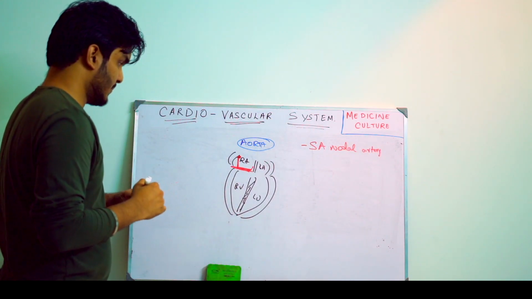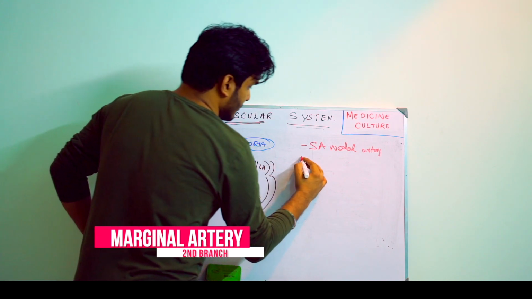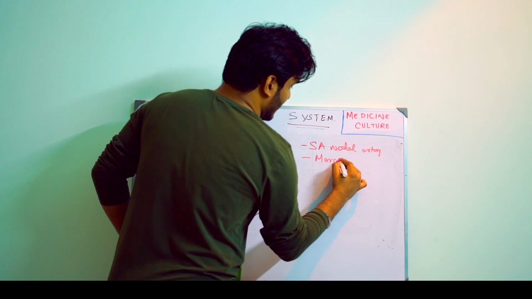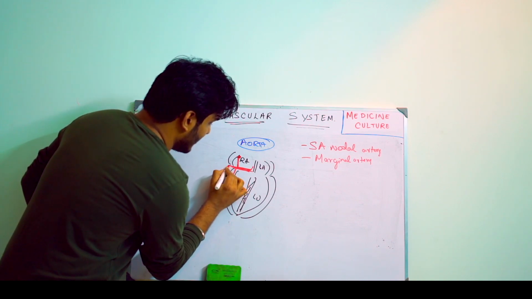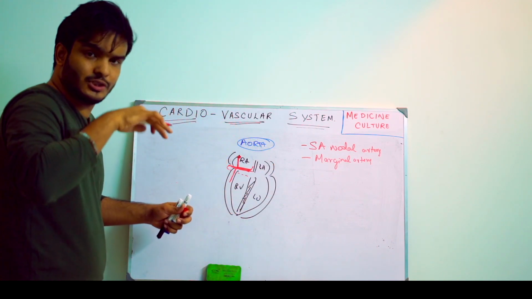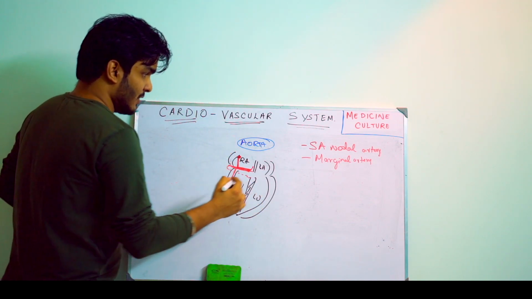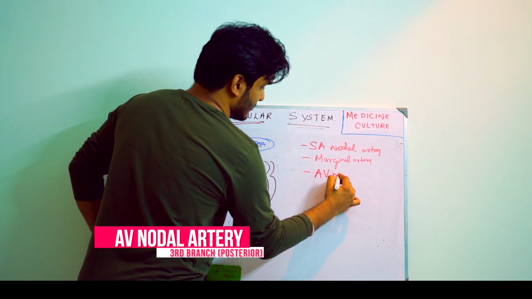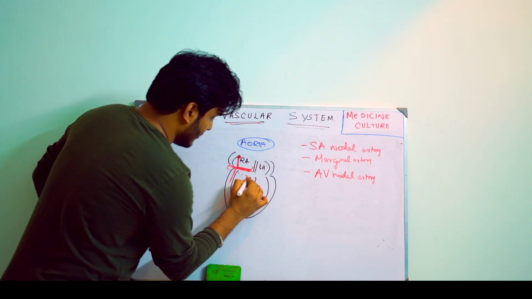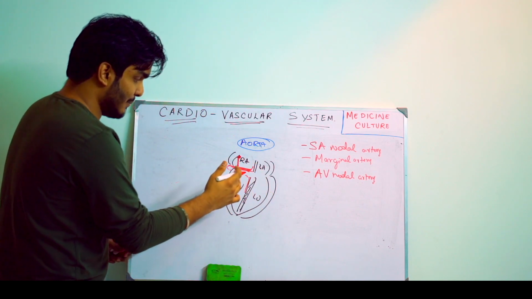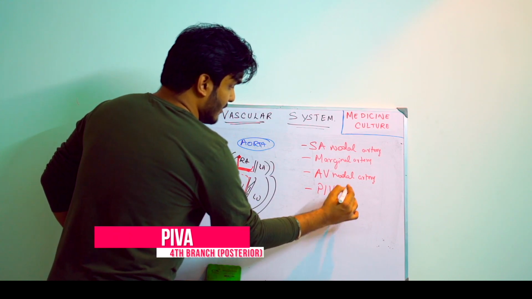It gives the right marginal artery, and it runs posteriorly along the coronary sulcus. It runs posteriorly and gives two arteries: one is the AV nodal artery, and, on the posterior side I am talking about, it gives the PIVA, the posterior interventricular artery.